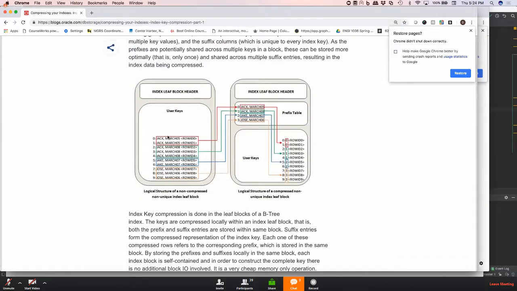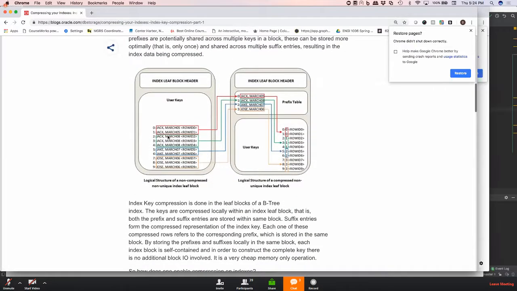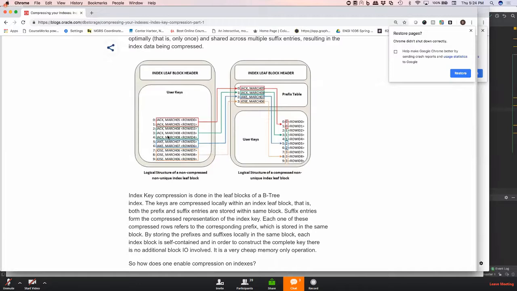You can see it's exactly the example that I covered: Jack, Marcos. So these things occur, and that's going to point to a single entry. So instead of having this one twice and that one 3 times, it points to an entry, which then points to a prefix table, which then addresses the suffix. So that's all key compression is.